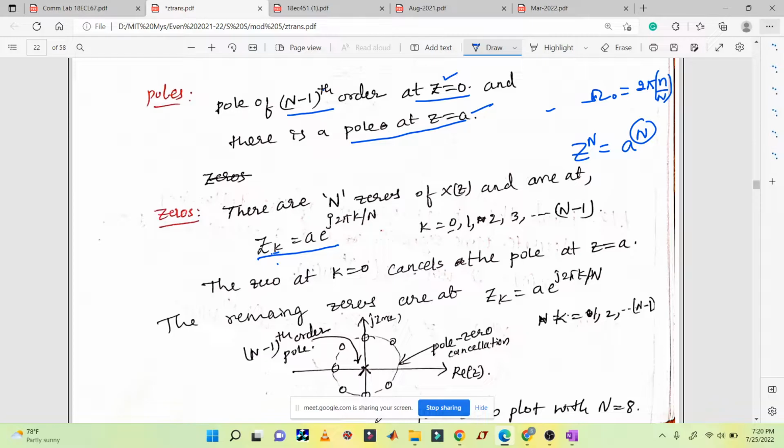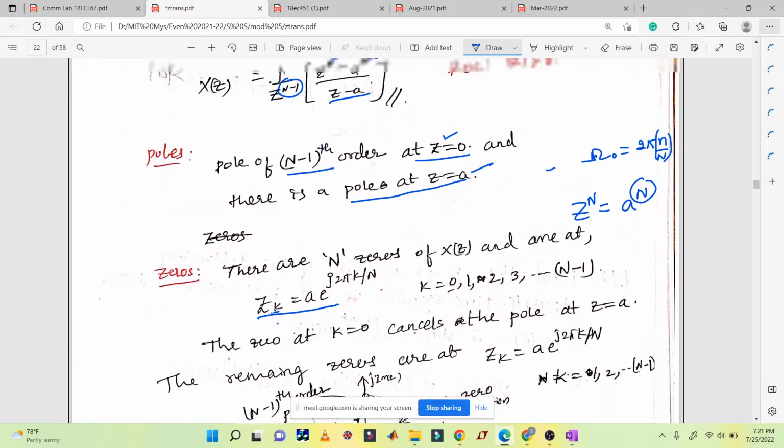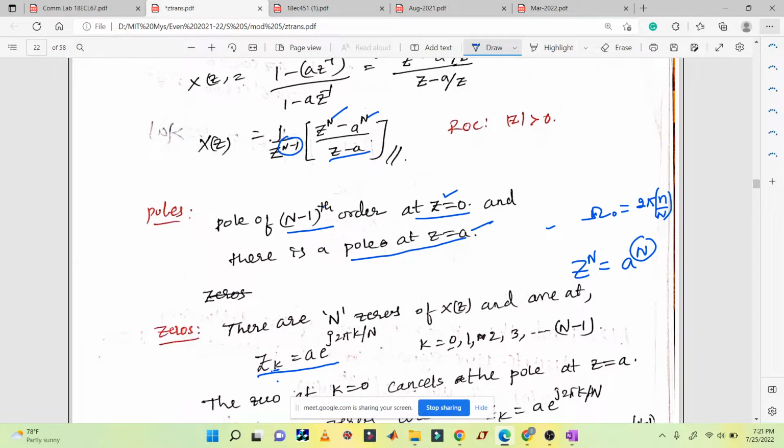Let me explain with respect to the above equation itself. Now look at this equation.